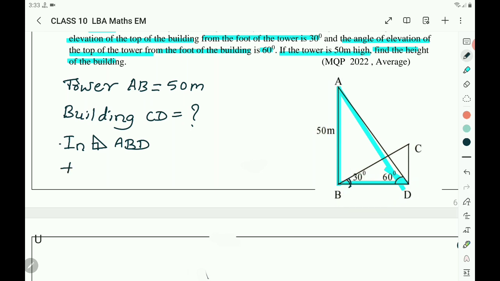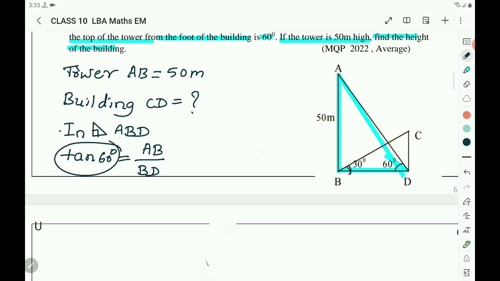Which trigonometric ratio you have to take? Tan theta. Tan theta is equals to opposite side AB by adjacent side BD. So you take directly tan 60 degree only. That is step decreases here.